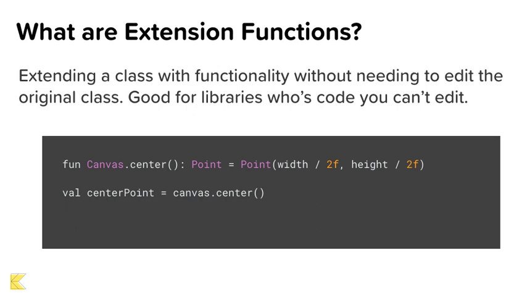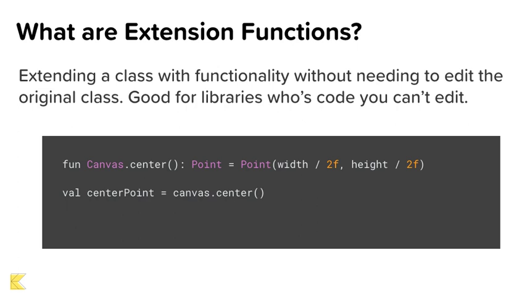This is an example of an extension function. The first line is actually just a function, and when you prefix your function name with the class name, like I've done here with Canvas, and then put a dot, that means you're creating an extension on that class. In this example we're creating it on the Android canvas. The Android canvas doesn't have a concept of a center point.